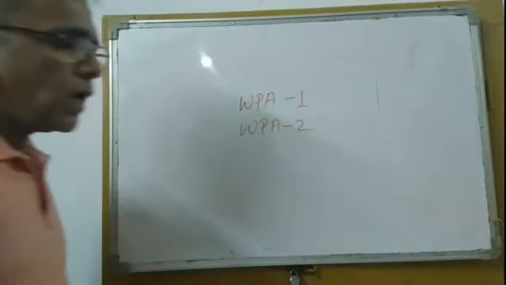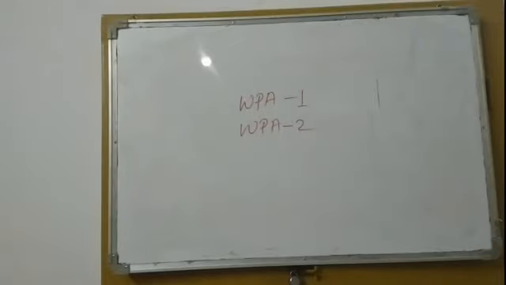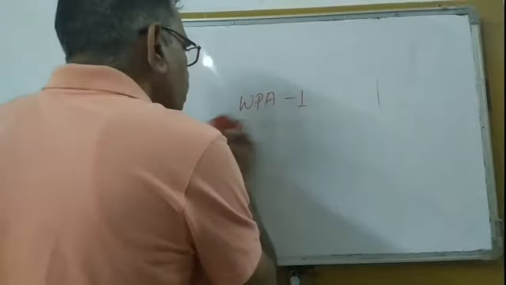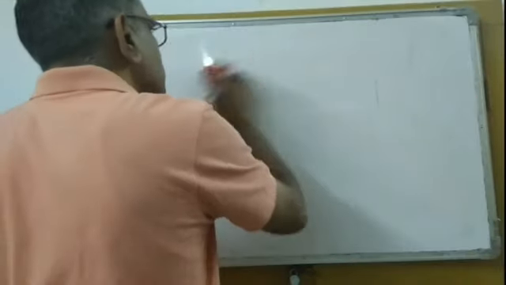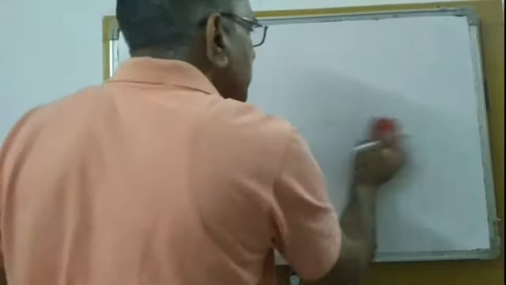So I will start our discussion with data protection using TKIP. What exactly happens in TKIP, I will just highlight how exactly WPA1 makes the secure communication, or how exactly the RC4 keys are going to be generated in WPA1.